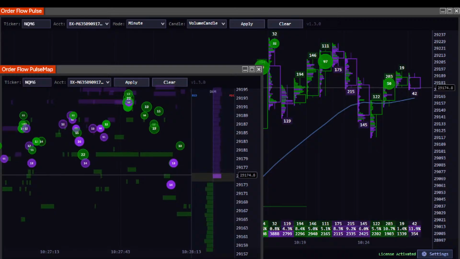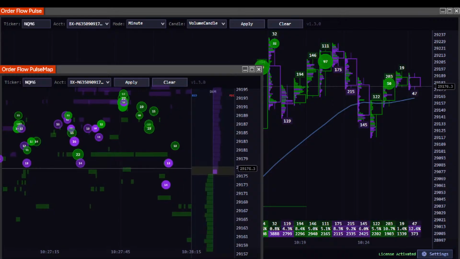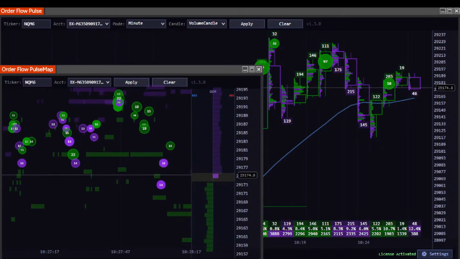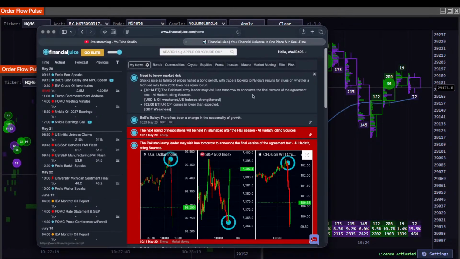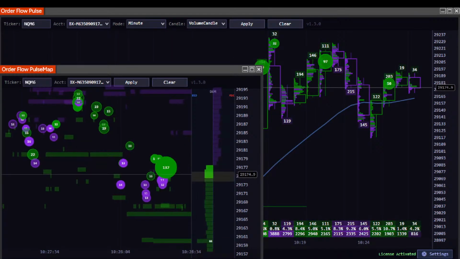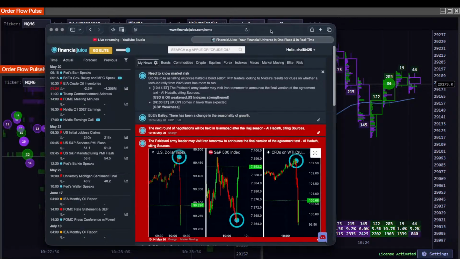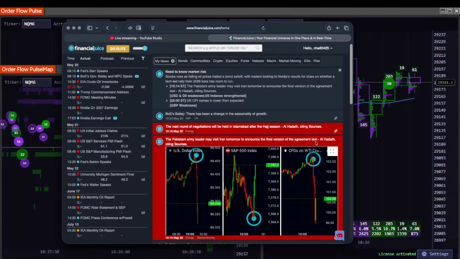All right, so we had news out here. The next round of negotiations will be held in Islamabad. The Pakistan army leader may visit Iran tomorrow to announce the final version of the agreement text.